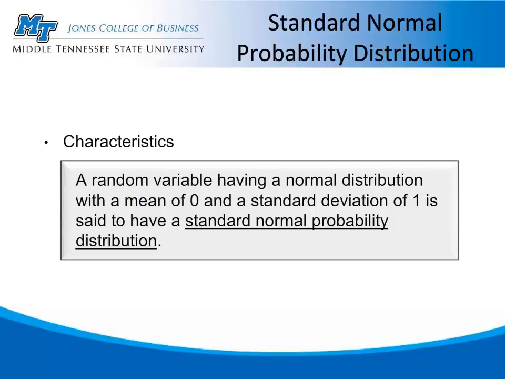Now, by changing the value of the mean and changing the value of the standard deviation, you can get any number of different normal distributions. But there's one special one. With a mean of 0 and a standard deviation of 1, that normal distribution is called the standard normal distribution.